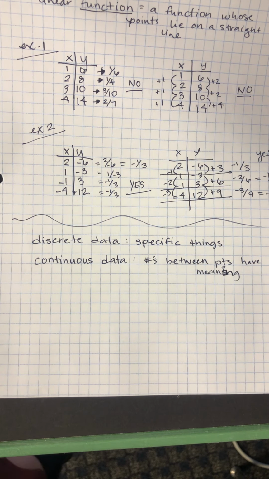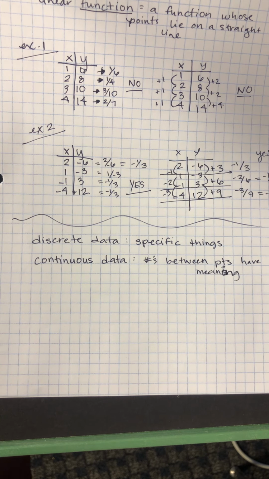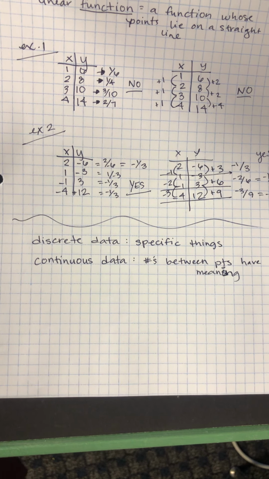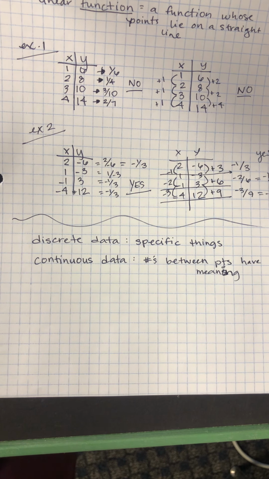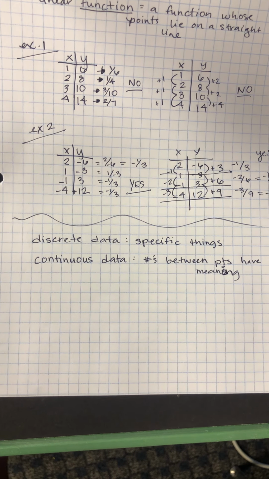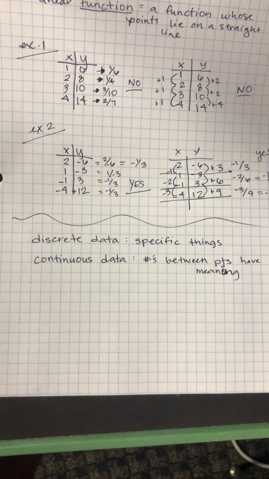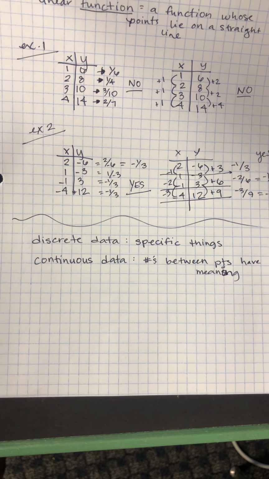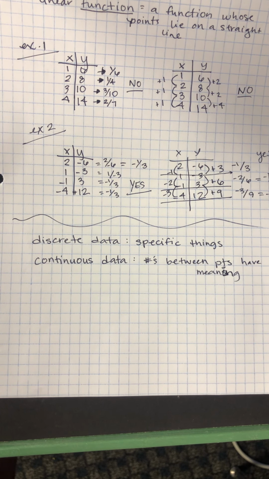So, discrete data is talking about specific things, like people. You can't have 2/3 of a person. You're either a person or you're not, right? Like a car, they used in their example in the book. You can't have half a car and make it work, right? Then it's not a working vehicle. Does that make sense?